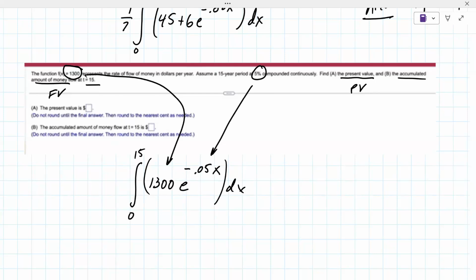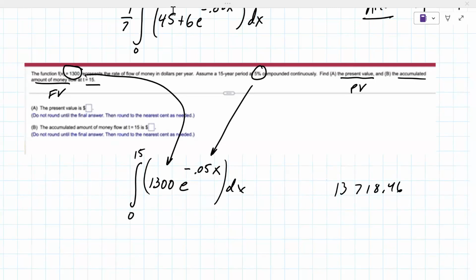I got 13,718.46. Is it a fraction? No, it's money, a dollar amount, so round to the cent.